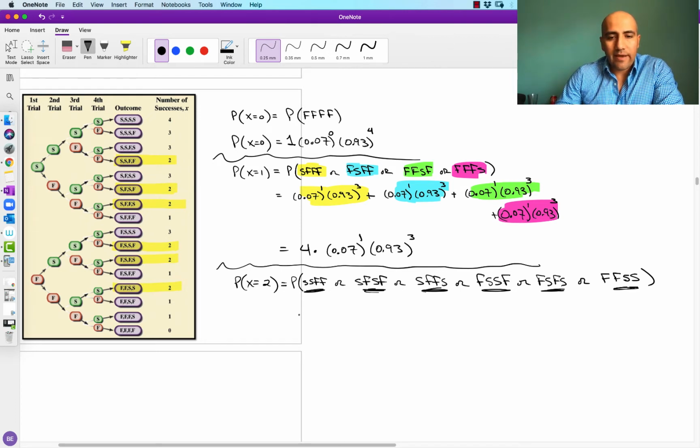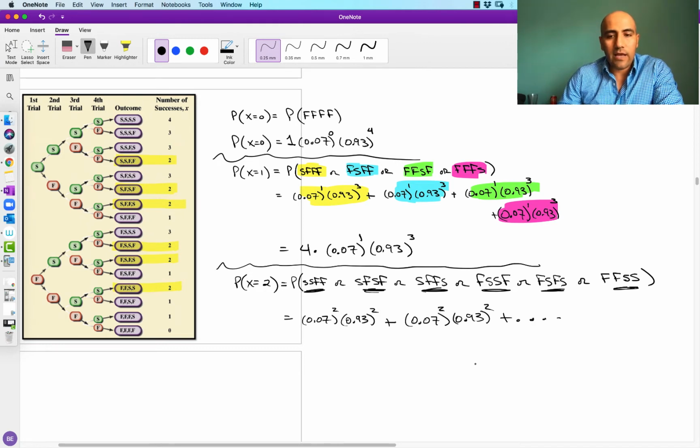Following the pattern from above, I know that each one of these is going to be identical. The probability of the first one is going to be 0.07 to the power of 2, because there's 2 successes, times 0.93 to the power of 2, again because there's 2 failures, plus the next one, which is 0.07 squared because there are 2 successes, and 0.93 squared because there are 2 failures, and so on and so forth.